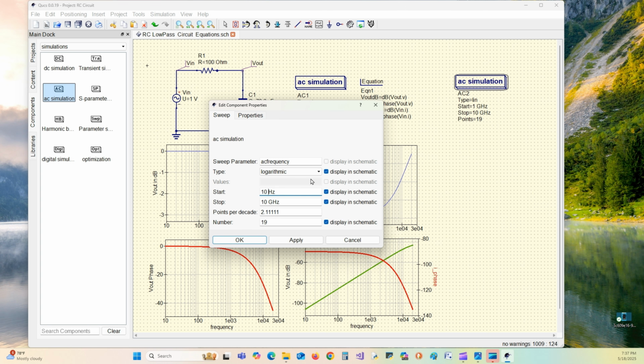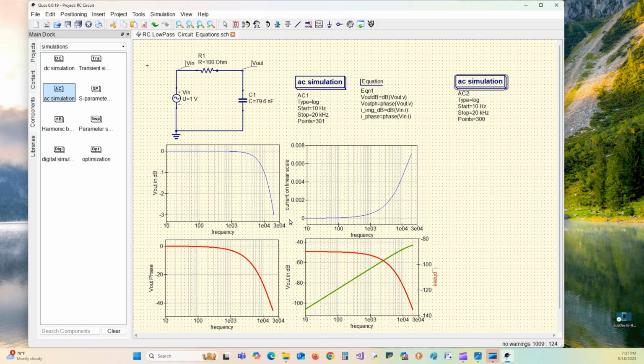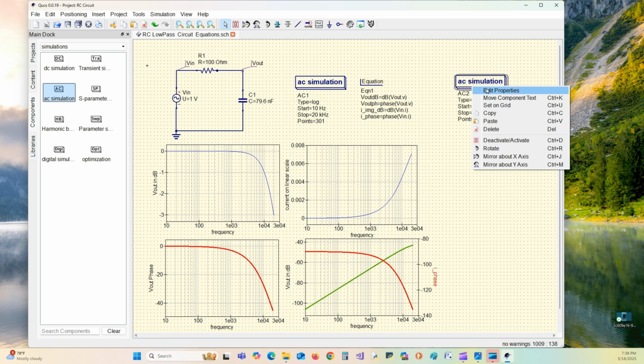Get rid of the G for gigahertz. Go down to here, make that a 20. Change the G to a K, making that kilohertz. We're going to change this to 300 points. And so there's our simulation that we'll be using, and that will drive the simulation.